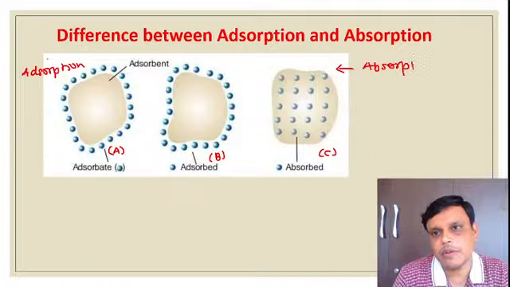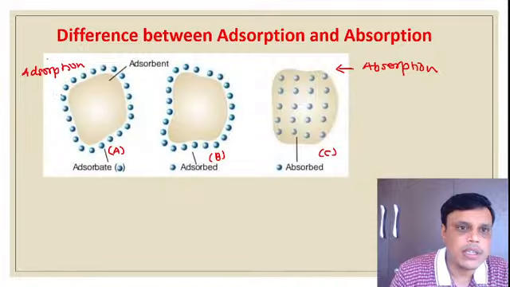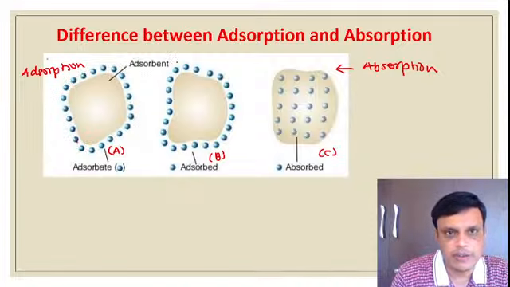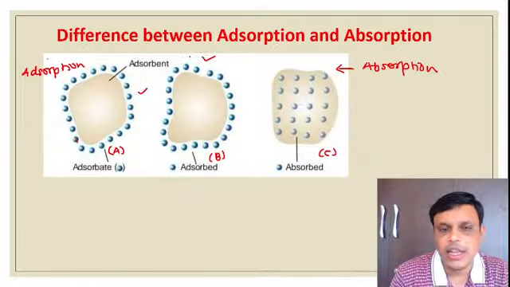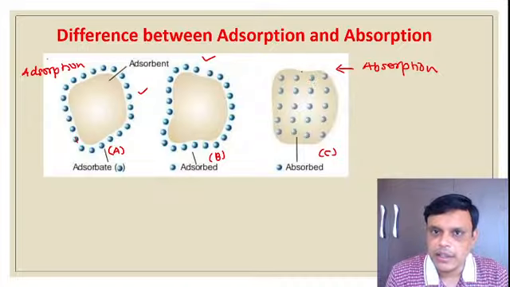If you see this figure carefully, you will come to know that the molecules, for example the gas molecules, in these two figures are all present on the external surface, but here they are present inside the surface.